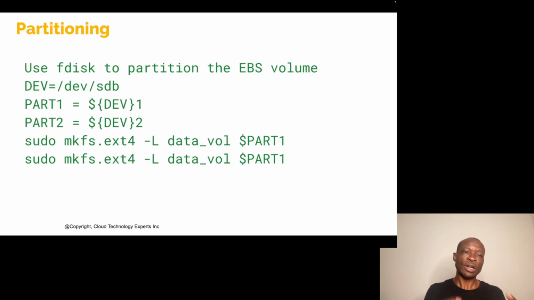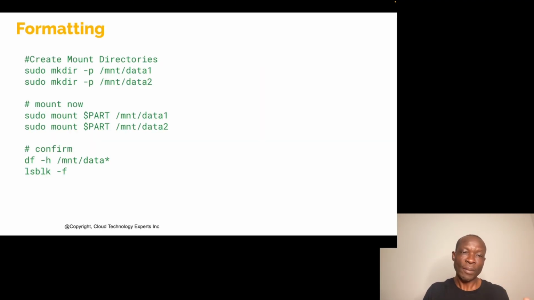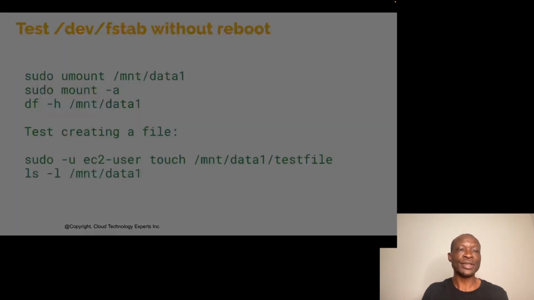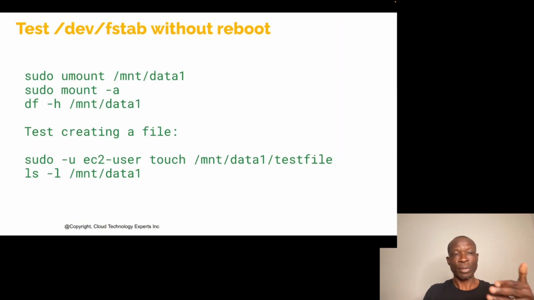Okay, so we're going to start with the first one, which is to partition the disk, and then we're going to format, and then we're going to mount, and then change the permissions, and then we're going to put the entries in fstab and check that those changes work. And pretty much we'll be at the end of the video once we come this far.